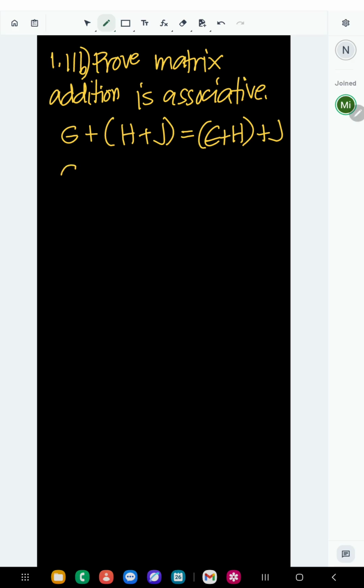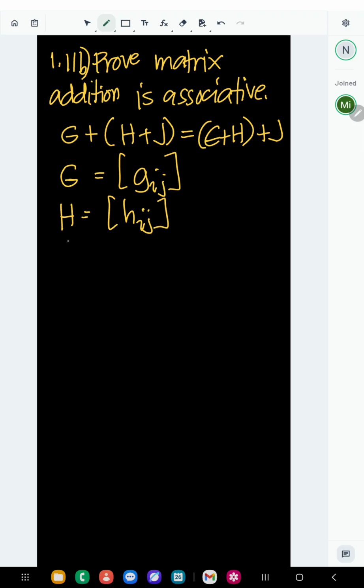So let's say G with components G sub ij, and then for H, H sub ij, and then for J, J sub ij.